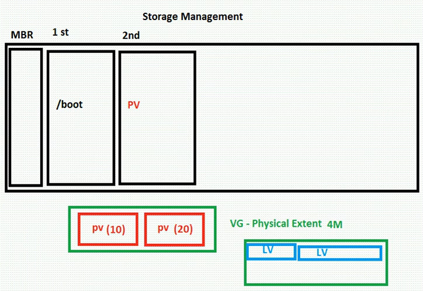Now what is the greatest thing about combining physical volumes in a volume group, carving that volume group into smaller extents called PEs, and then creating LVs? All this looks like a complicated way of doing things, but the greatest advantage is that when we create an LV, we mount a directory on top of it.